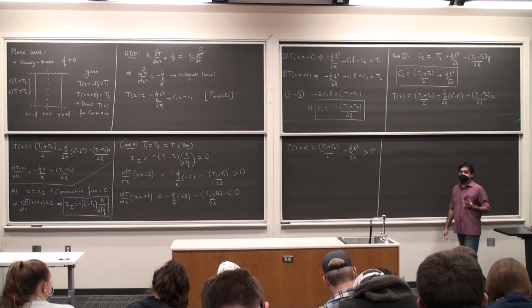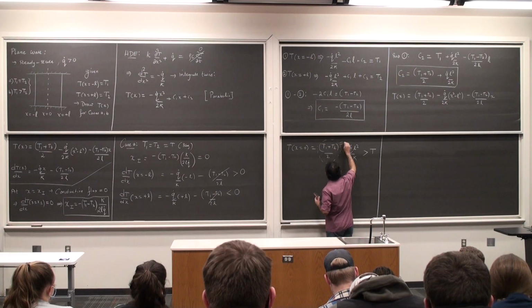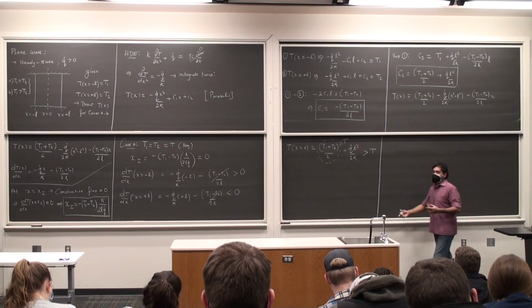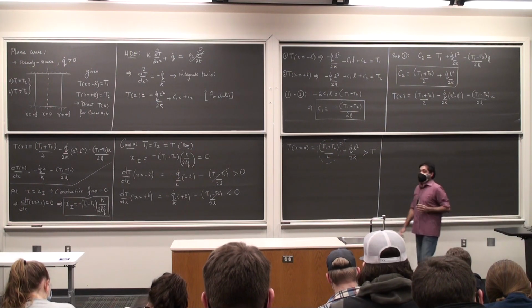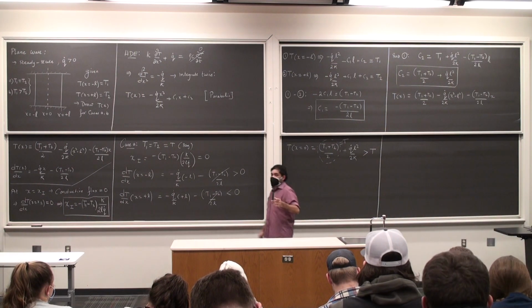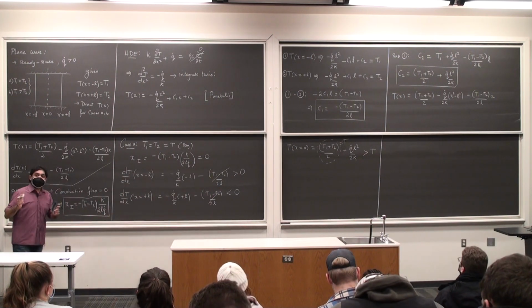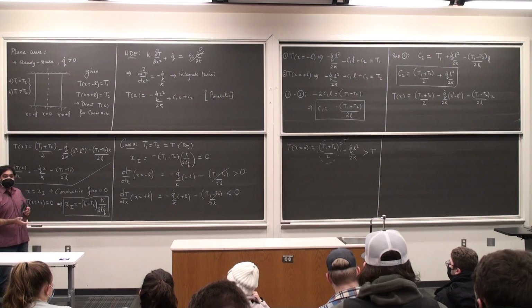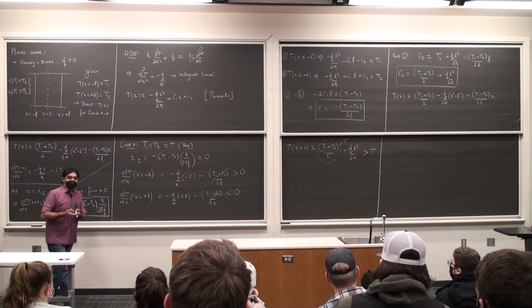(T1 plus T2) by 2 is equal to T. So T plus a positive quantity is obviously greater than T if my heat generation is positive. If my heat generation is negative, T minus a quantity is going to be lesser than the side temperatures, which means that I'm going to have the x equal to 0 location as the lowest temperature in the slab.